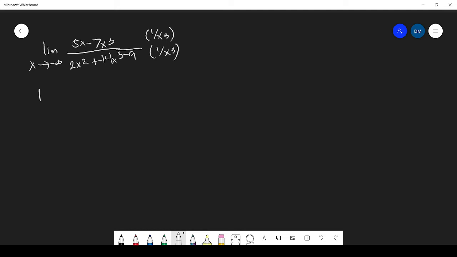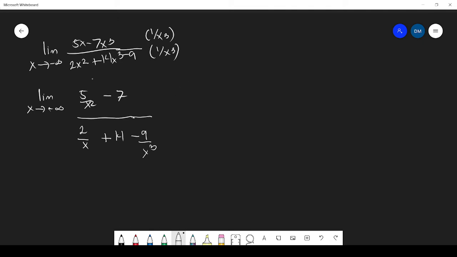So, ang kakalabasan is the limit as x approaches negative infinity ay magiging 5 over x squared minus 7, kasi makakancel na yung x cubed, over 2 over x plus 14 minus 9 over x cubed. So, yun na lang yung matitira.